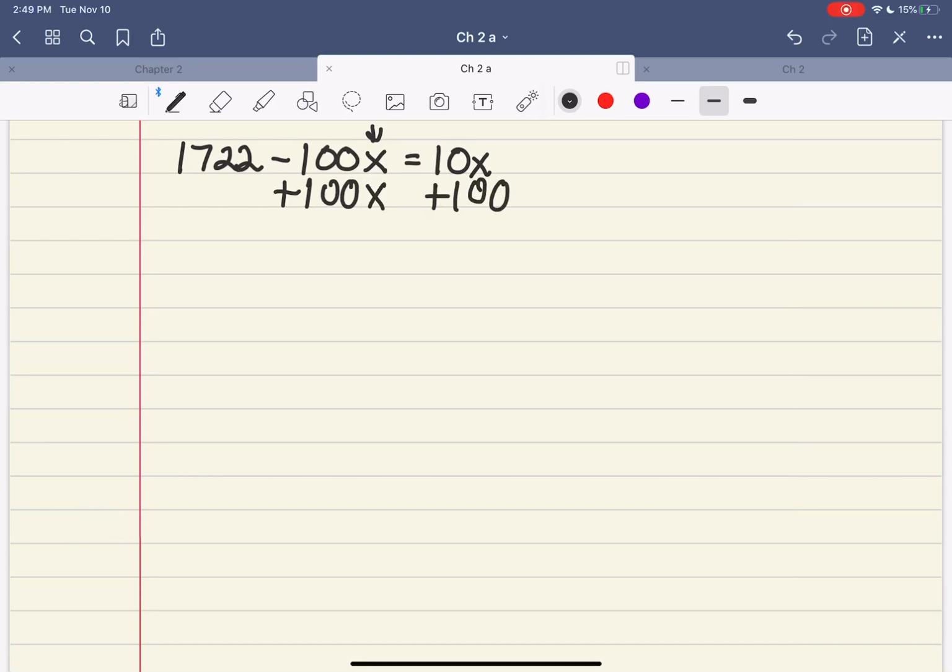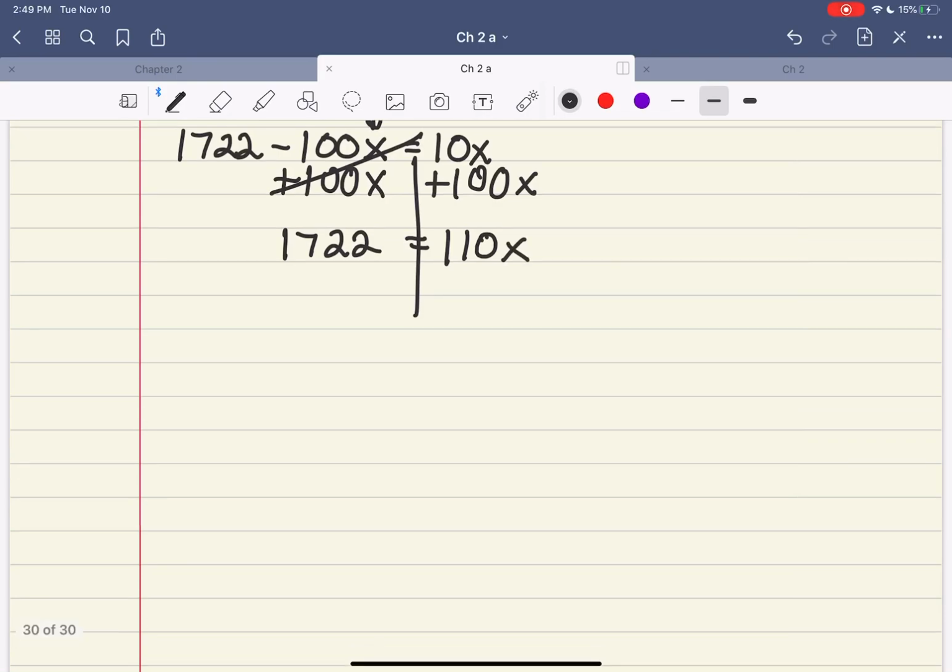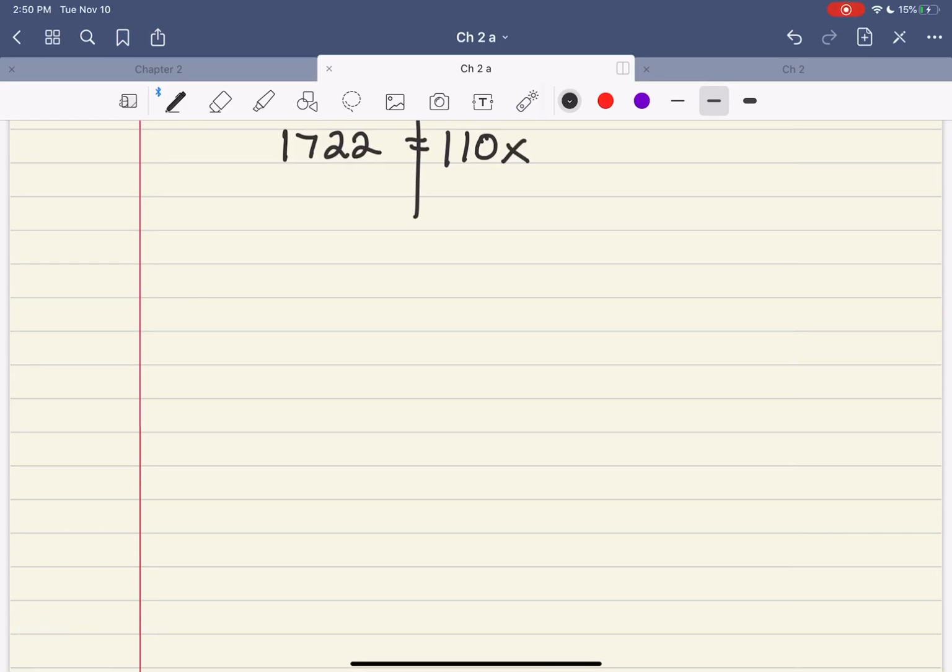Might help to have my line there. That cancels out like that, and I get 1,722 equals 110x. Now, this is what we're used to looking at when we have proportions. It's a one-step equation, so I just divide by 110, and I end up with 15.65 equals my x value. So that was the original.